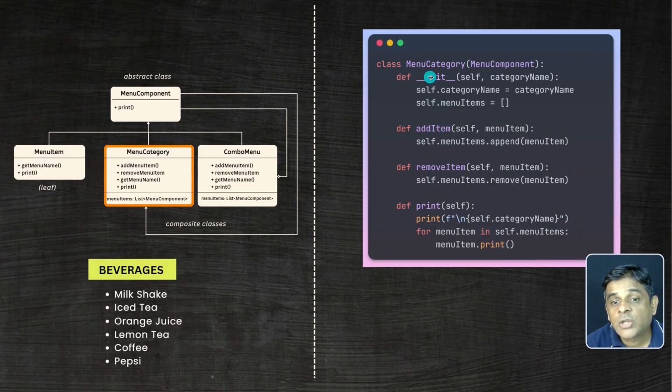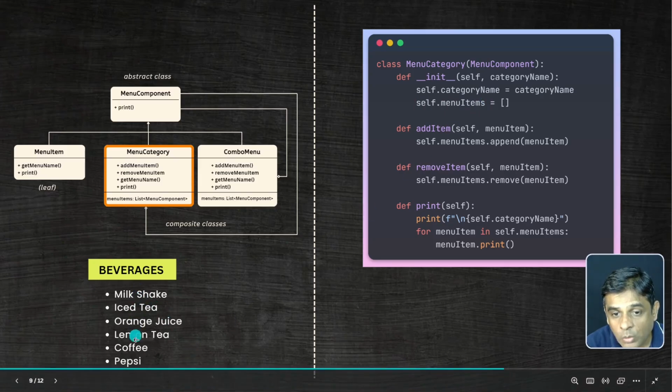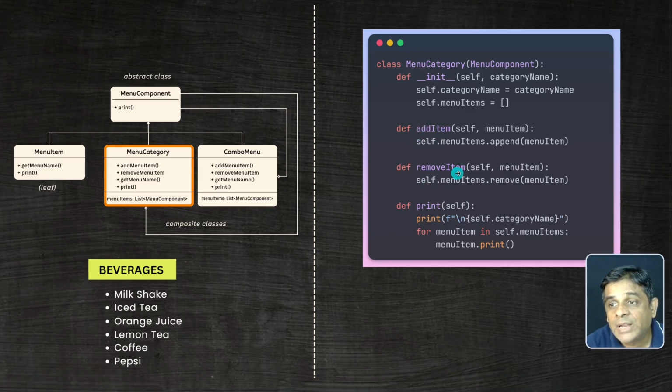This menu category is a composite class, like beverages. It contains add menu item, remove menu item, and print functionality. Here, the same thing: add item, remove item, and print functionality. Now if you look closely, this holds all these objects, and for that reason we introduced add item and remove item.